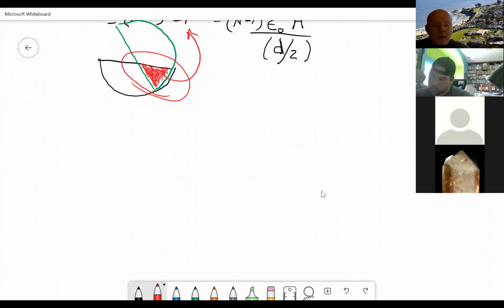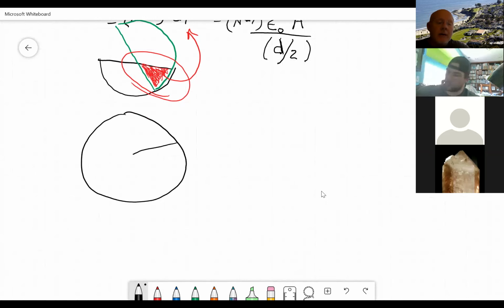So if I were to take a circle and cut it so that it has, is this a section or a segment? I always get those confused. I think that's a segment, right?